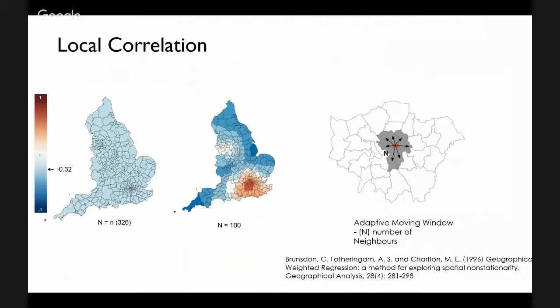When you consider for each data point the 100 closest neighborhood points, and you compute a correlation measure, you get such an image, which is quite different. The leftmost one is the global one, and that's the same for all these regions.